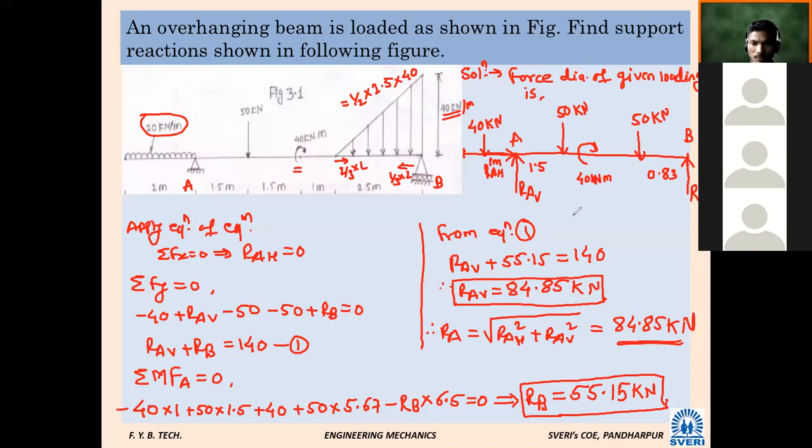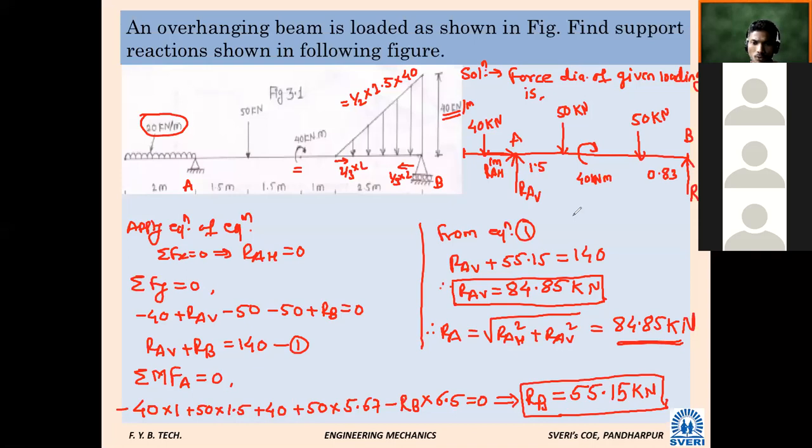Very few students are giving response. Aditya 69 roll number, 67 roll number, Rushikesh, Vaibhav 71.